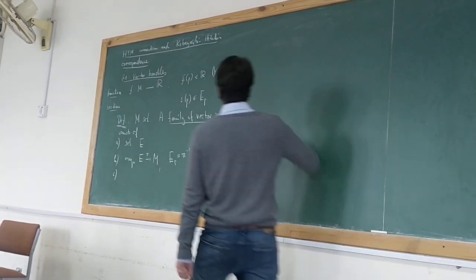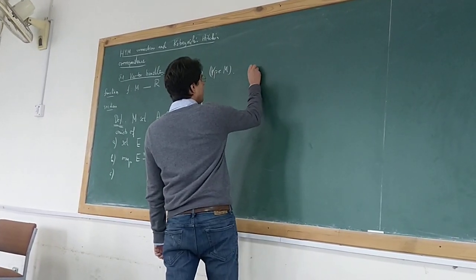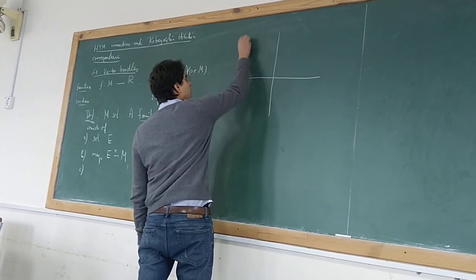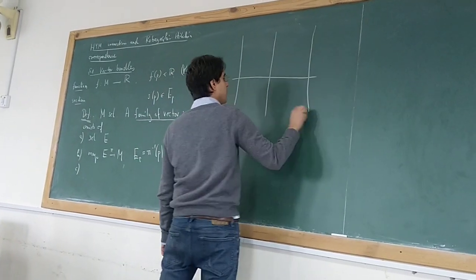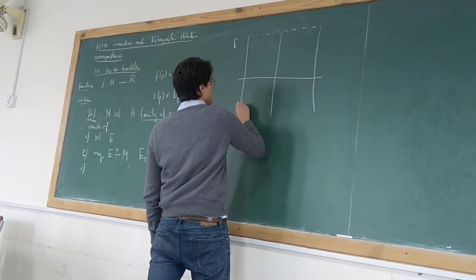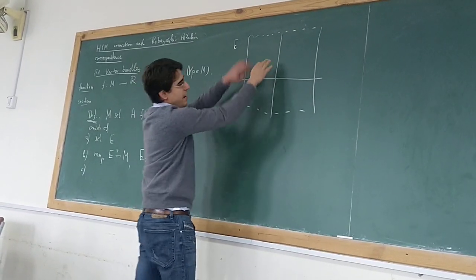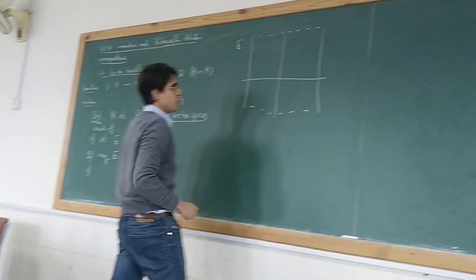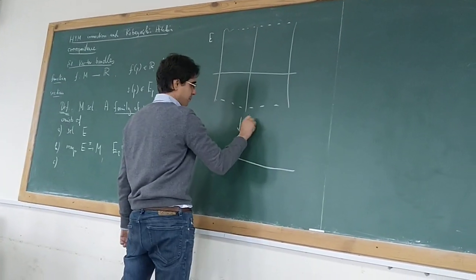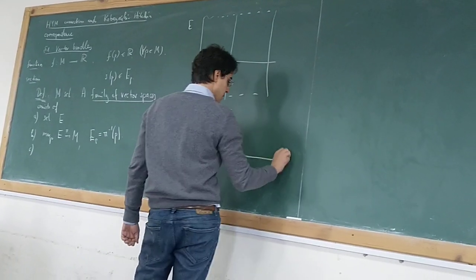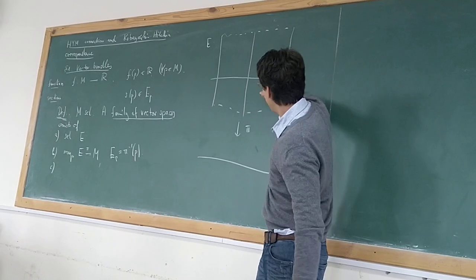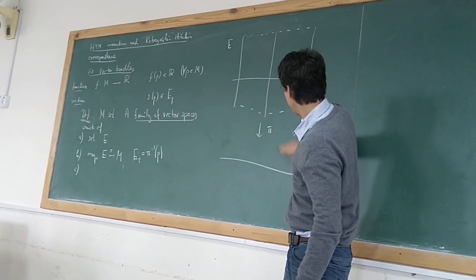So let's maybe draw a picture. You should think something like this could be E. This means that it extends infinitely in this direction, and this would be the set M. The map simply takes this point, this point, this point, and this point.